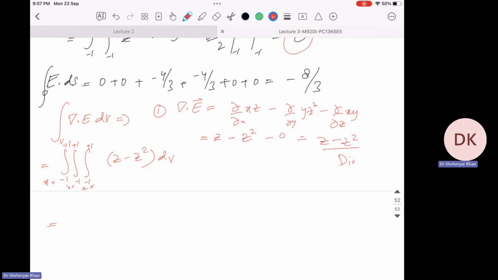So first we will apply x limit, then this will become x z minus x z square. Till we have two limits.